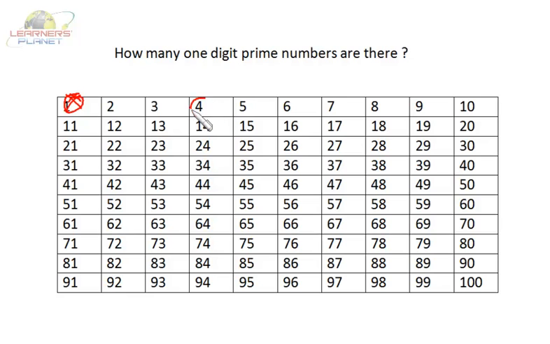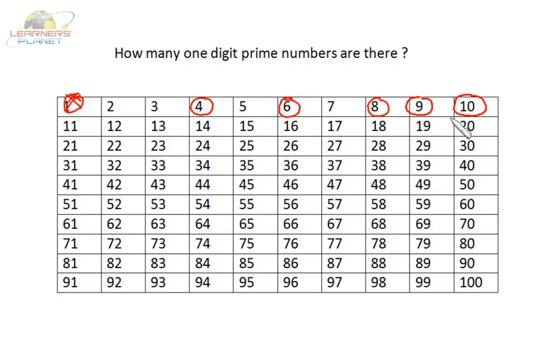It's 4, 6, 8 and 10. Now cross the multiples of 3. Cross or circle, whatever. 6 is already there. Now it's 9. Then cross or circle the multiples of 5. We have already done that. Now cross the multiples of 7. It's not there.